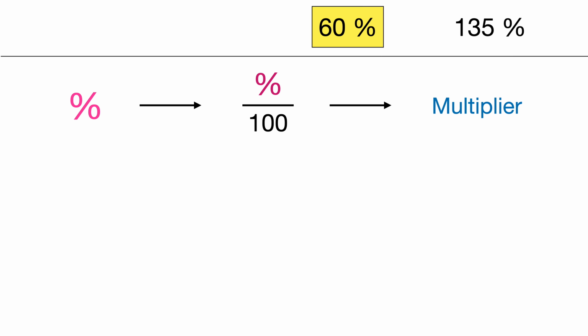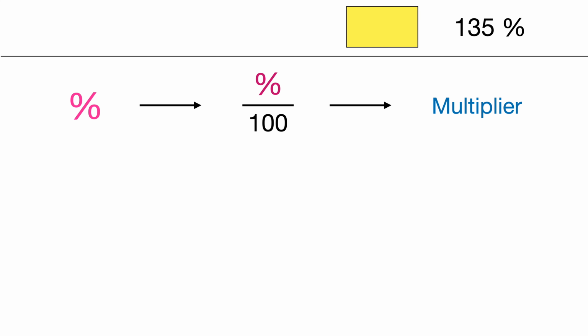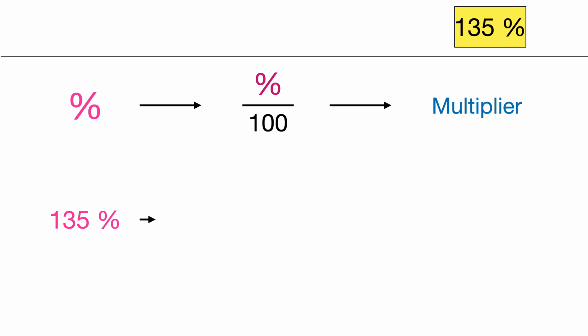Let's move on to 60%: 60 divided by 100 gives you your multiplier of 0.6. Note, you don't have to write 0.60, you can just write 0.6. You don't need to add that extra 0. And then finally 135%: 135 divided by 100 gives you a multiplier of 1.35. So that's the first step you need to do, is get the multiplier.